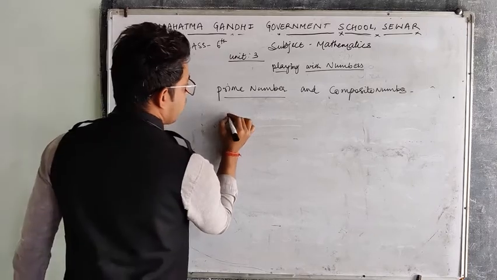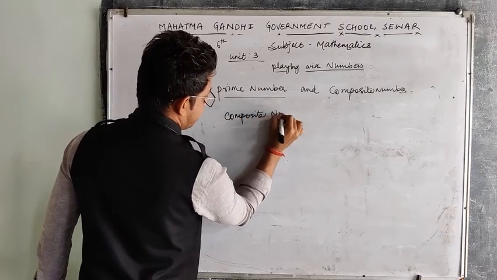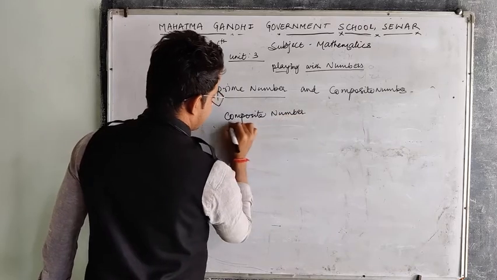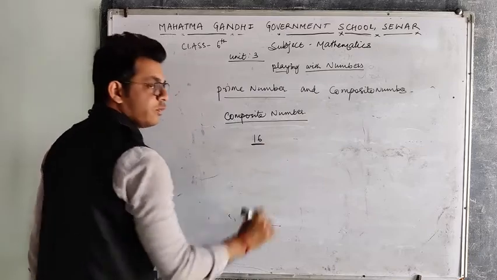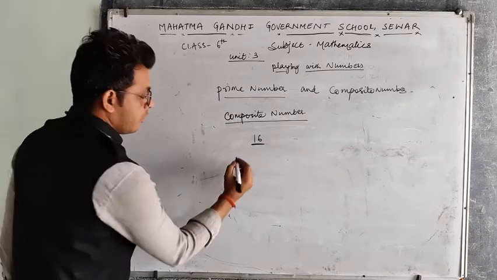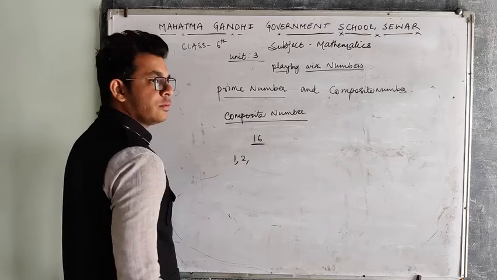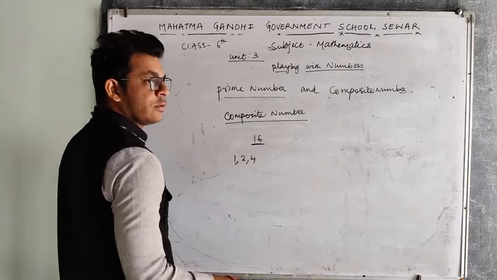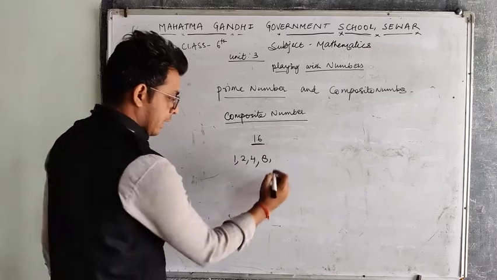Now we will talk about composite numbers. If I write 16, what are the factors of 16? 1, 2, 4, 8 and 16.